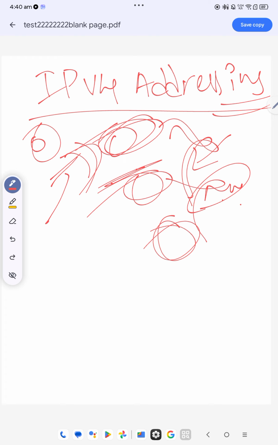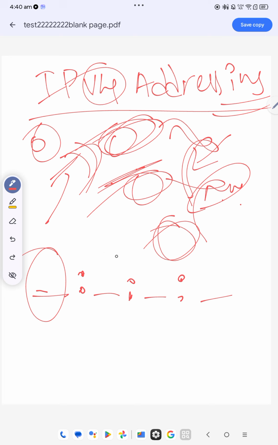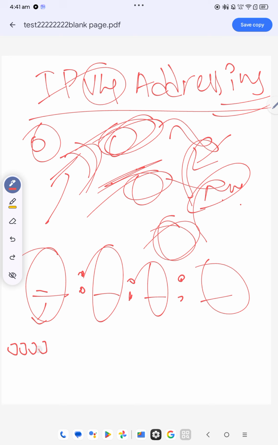V4 means 4. Here there are 4 parts: 1, 2, 3, 4, with 8 bits, 8 bits, 8 bits, 8 bits, written like this. So what are these 0s and 1s?